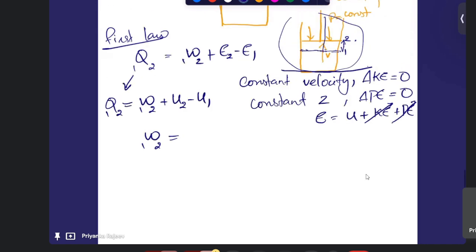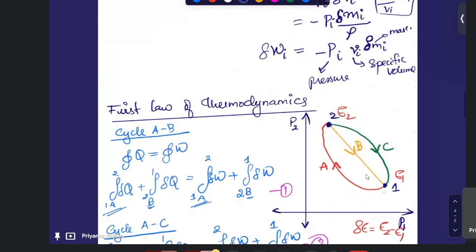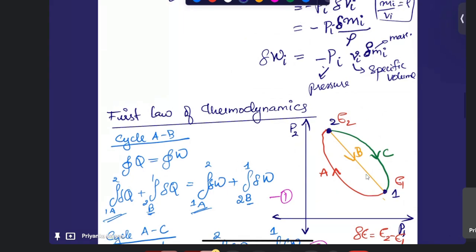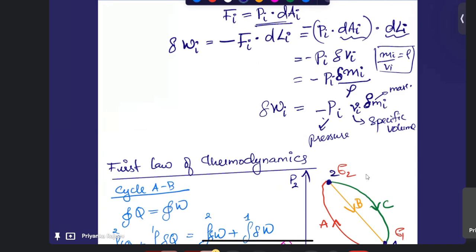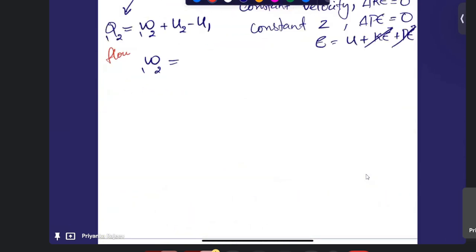As I have told earlier, that is flow work over here. What is flow work? Flow work is pressure times change in volume. So flow work W12 is equal to the integral from 1 to 2 of P dV.